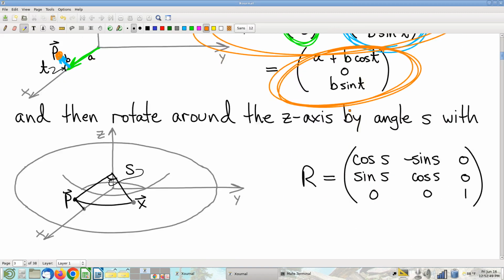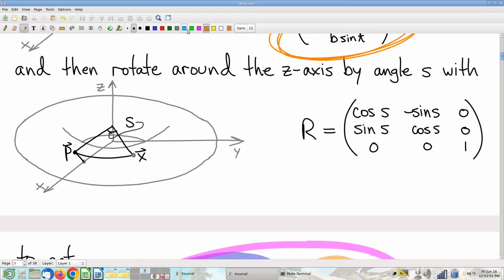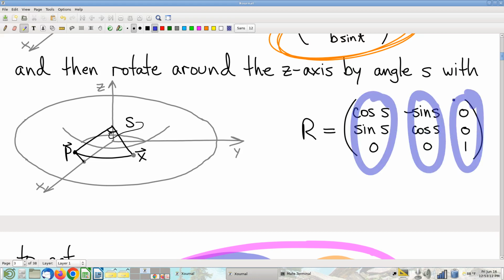Now, what is this rotation matrix and where did I get it from? How do I know that this is the rotation matrix? Well, I'm going to remind you, Math 219, linear algebra: rotations are linear transformations, aka matrices, aka they're understood by their columns, which of course are the images of the standard basis vectors. So you're going to find this matrix by understanding these columns one at a time. Again, good exercise.